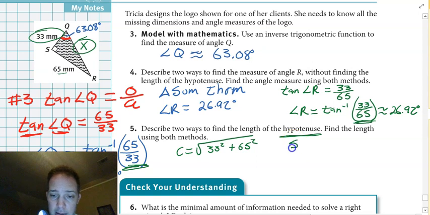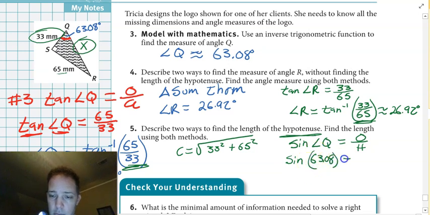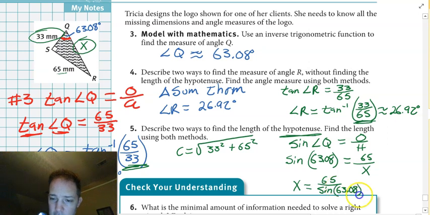So if I set up sine of angle Q equals opposite over hypotenuse and plug in sine of 63.08 equals opposite would be 65 over hypotenuse x. Multiply both sides by x, divide both sides by sine of 63, and you end up getting x equals 65 over sine of 63.08 degrees.